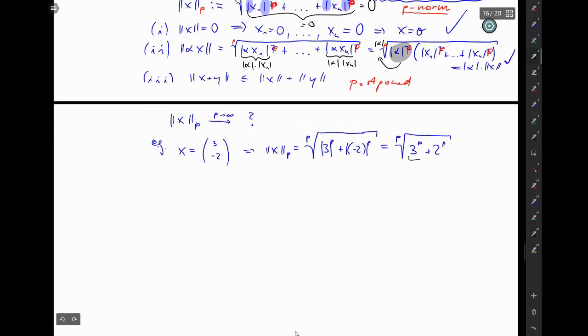So I would rewrite this as 3 to the power p, and then in brackets you get 1 plus 2 to the power p divided by 3 to the power p, or I could say (2/3) to the power p, underneath the pth root.